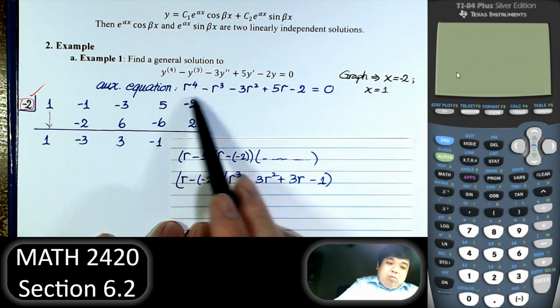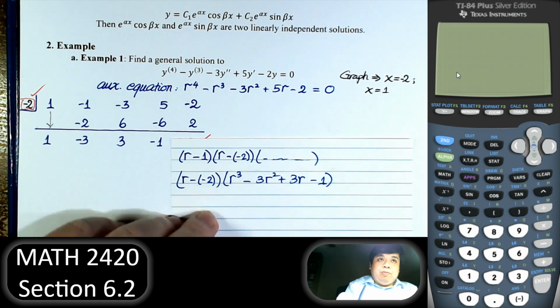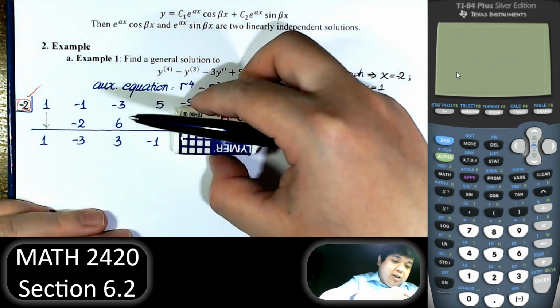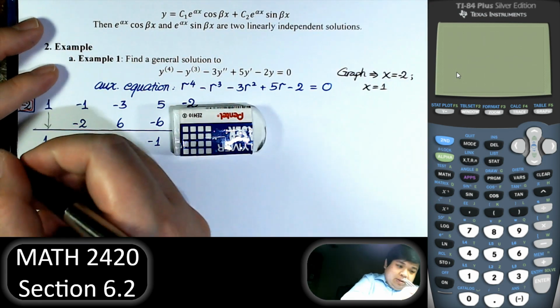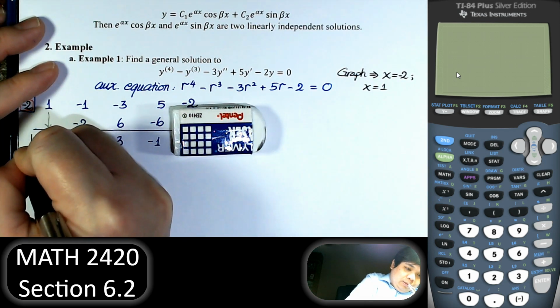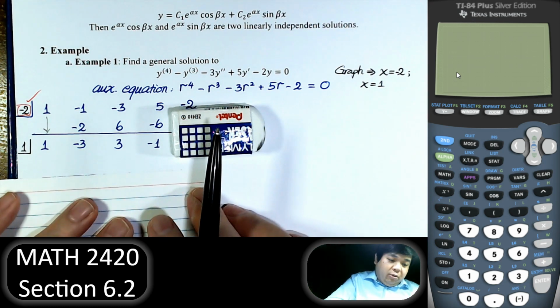So if we know a solution, we can factor the problem down into a cubic. Now we're down to a cubic equation. Now let's divide by 1, because we suspect 1 is a solution.